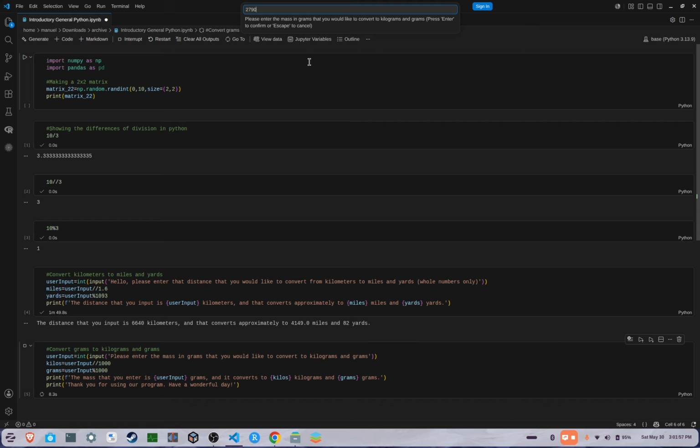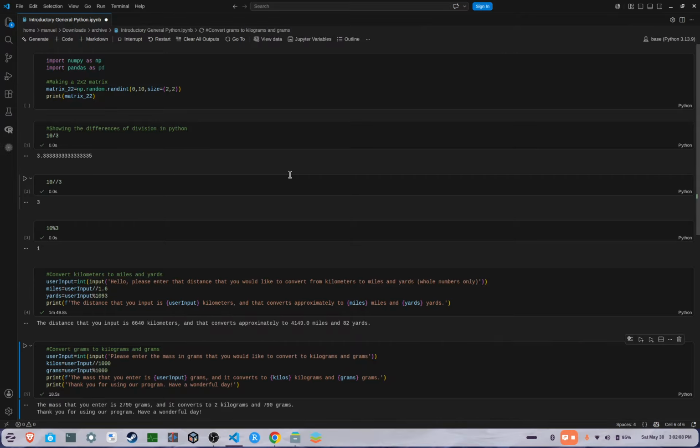We know that should be 2 kilograms with 790 grams. Now we're just dividing, but let's see if it's true. See, the mass you entered is 2790 grams, and it converts to 2 kilograms and 790 grams. Thank you for using our program. Have a wonderful day. There you go.